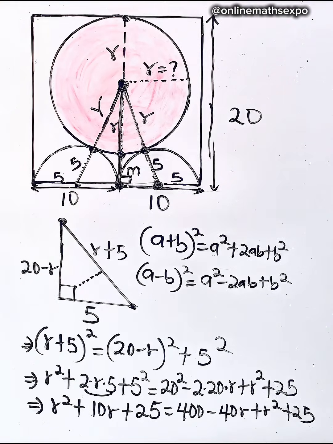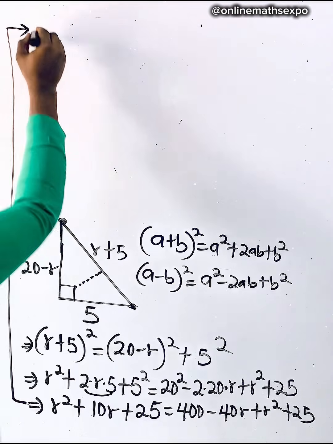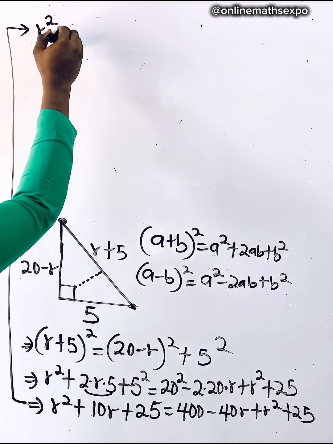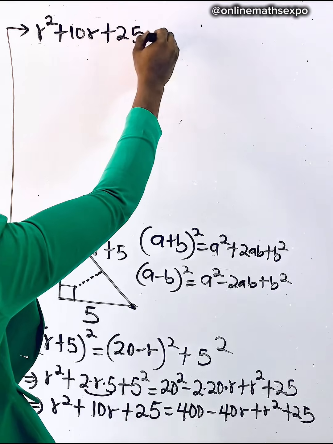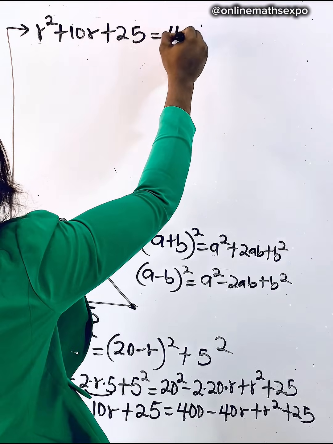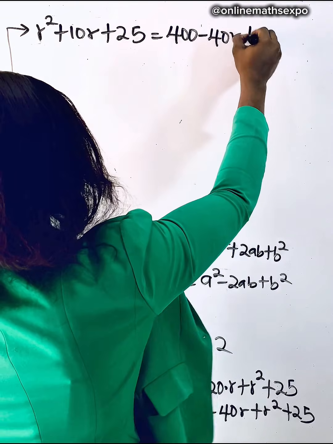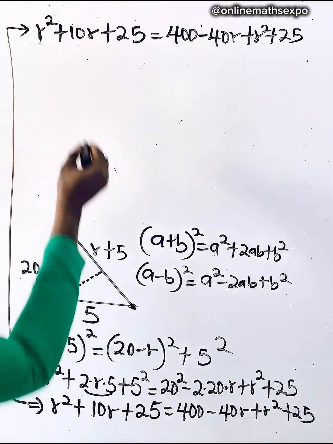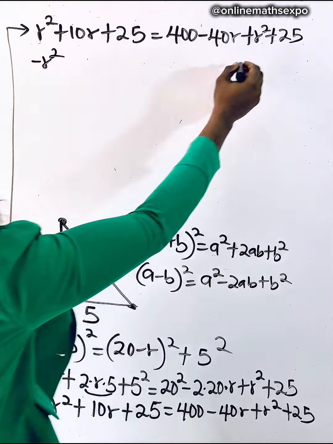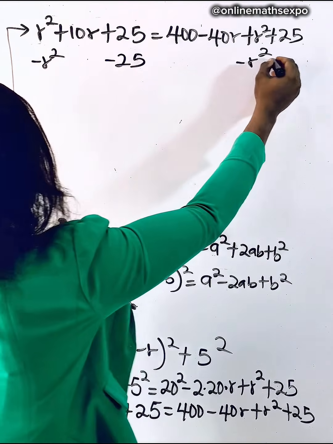Now what do we do next? Let's take it up. So from here, we now have R squared plus 10R plus 25 is equal to 400 minus 40R plus R squared plus 25. So we're going to subtract R squared from both sides and also subtract 25 from both sides.